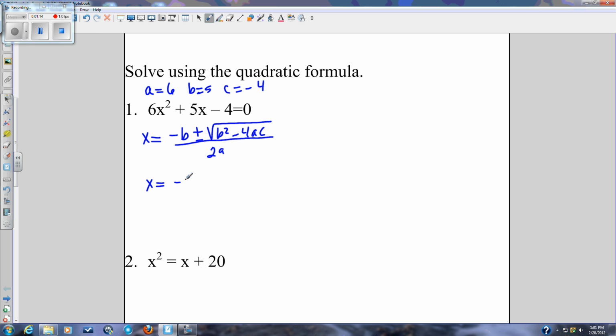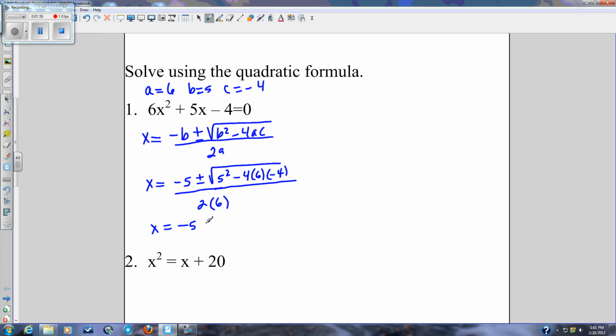So we have negative 5 plus or minus square root of 5 squared minus 4 times 6 times negative 4 all over 2 times 6. You're probably asking me, are we going to have to memorize the formula? And yes, you do. But you're going to use it so much that it will be second nature.